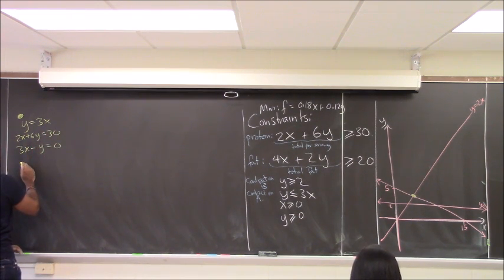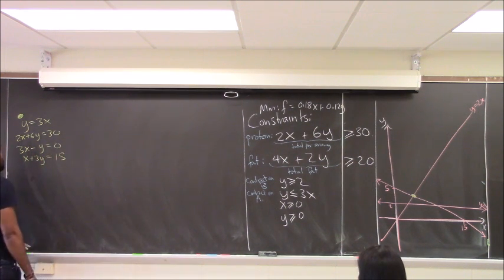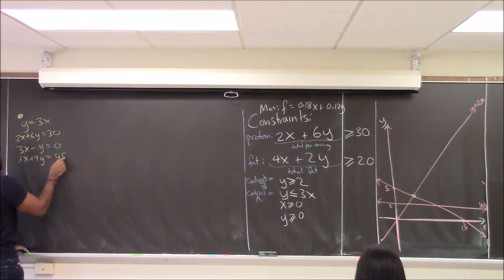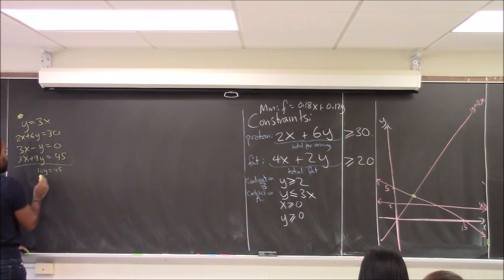And I can divide this through by 2. So you can actually multiply this by 3, that's 9x, 45, and subtract one from the other. So this minus that, you get 10y equals 45.